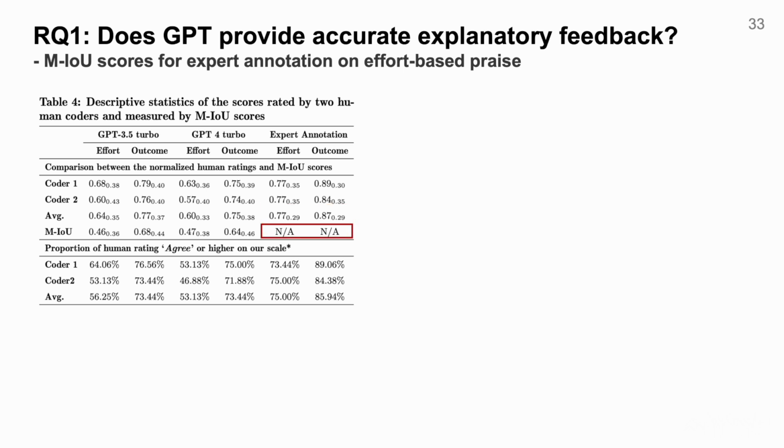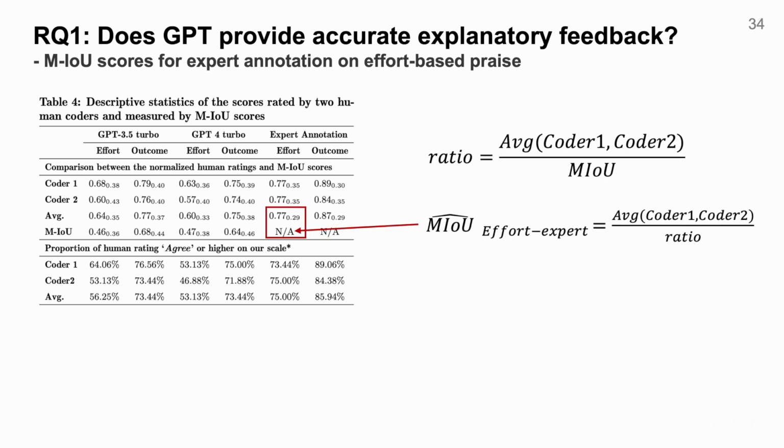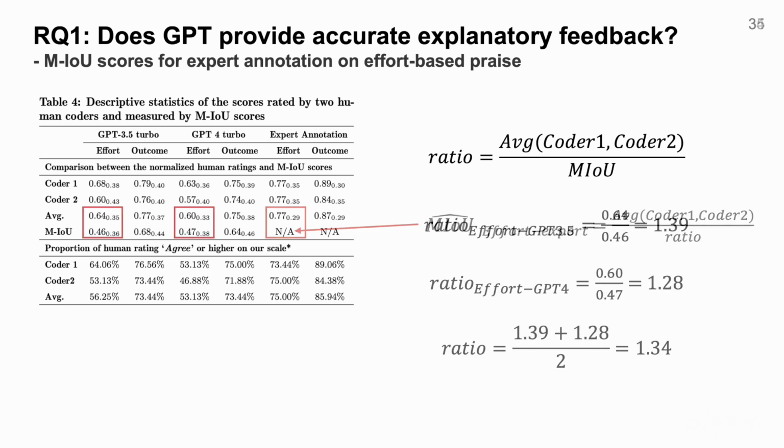And then we want to further understand what the values of the M-IoU score are for the expert annotation. To get that value, we calculate the ratio between the human coders' ratings and the M-IoU score. Once we get a ratio, we can further infer the estimate of the M-IoU score on the expert annotation for the effort-based praise.